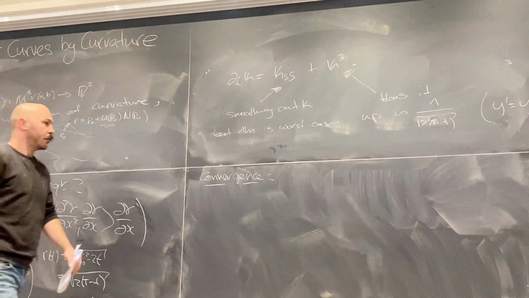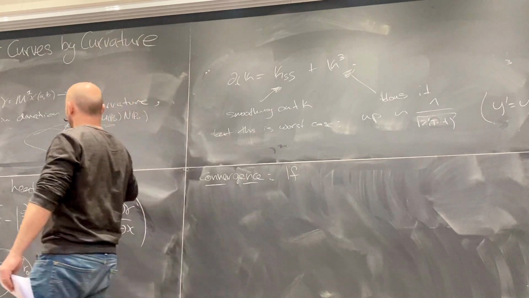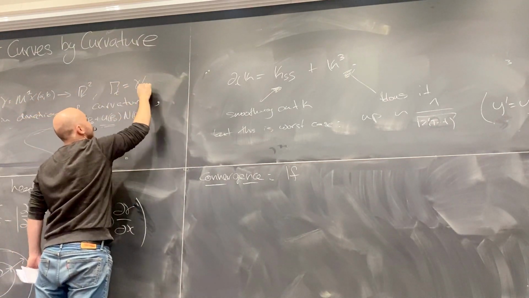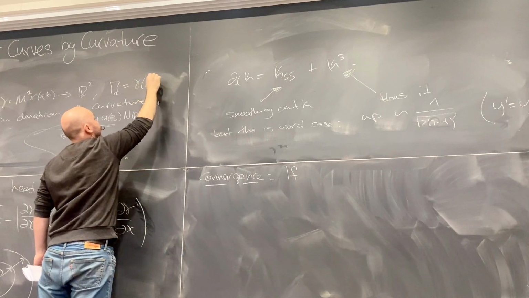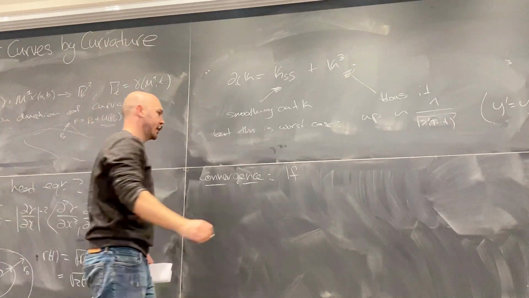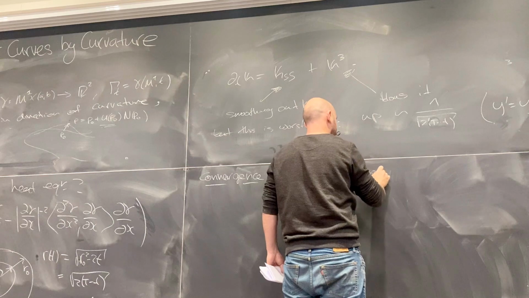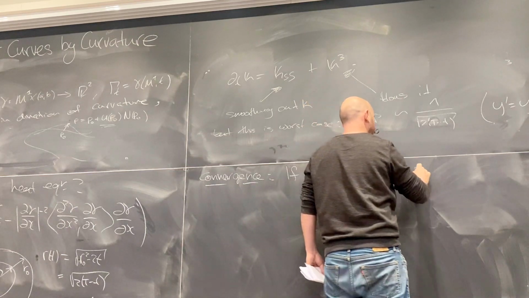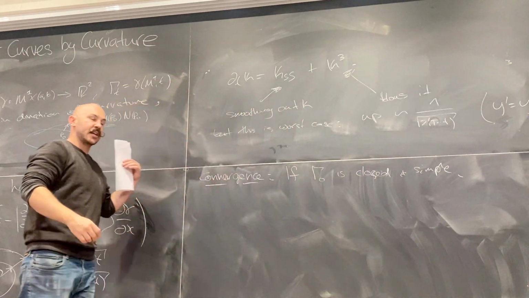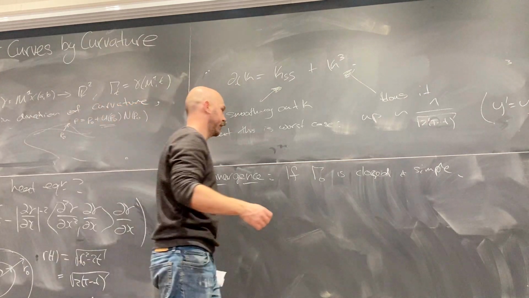And what you can show is that if the initial curve, let's call gamma t the image of this curve. Okay, if the initial curve is closed and embedded, so closed and simple, so no self-intersection, then gamma t remains closed and simple, and actually the whole curve shrinks to a point.